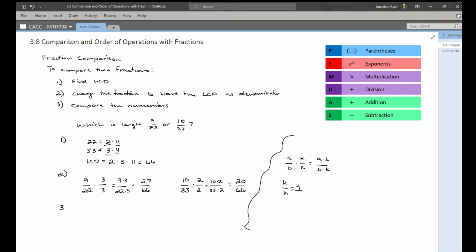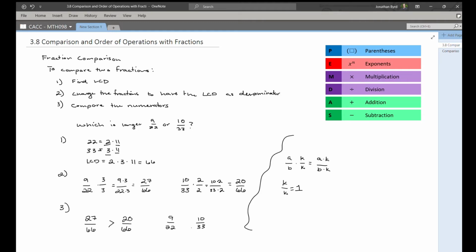And then that brings us to the third part, which is to compare the two fractions, or to compare the numerators of the two fractions. But you can actually go ahead and write down the entire fraction if you want. So 27 over 66 and 20 over 66. Well, that means that 27 over 66 is greater than 20 over 66. Or if you want, I could look back at my original numbers, 9 over 22 and 10 over 33.